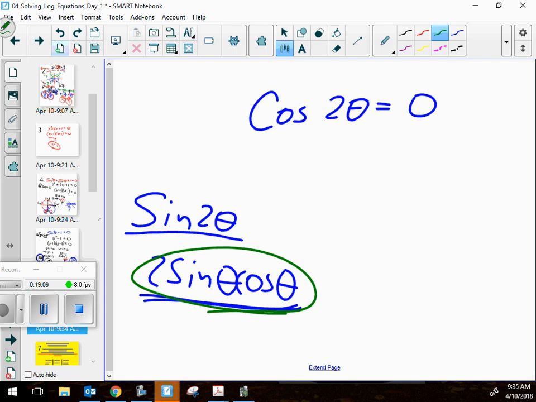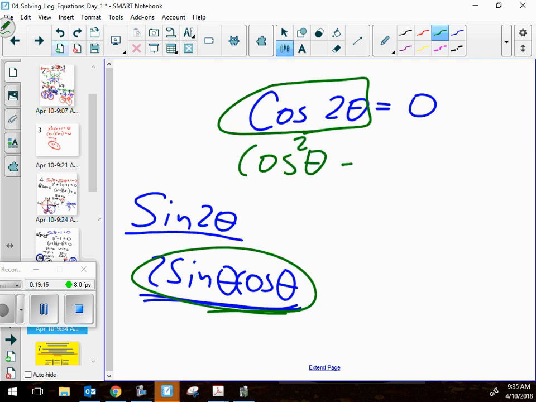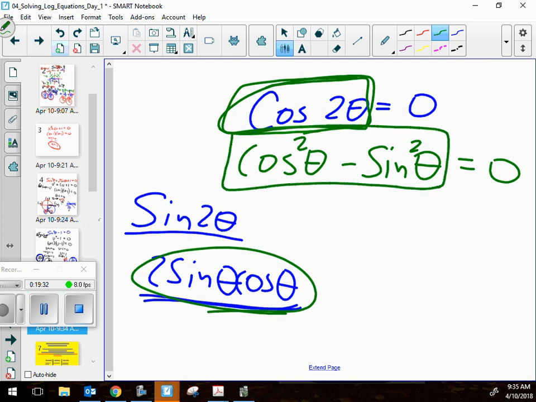But this is the one that's going to come up on tonight's homework a lot, which is cosine squared minus sine squared. So cosine of 2 theta, you need to know that it is cosine squared minus sine squared.